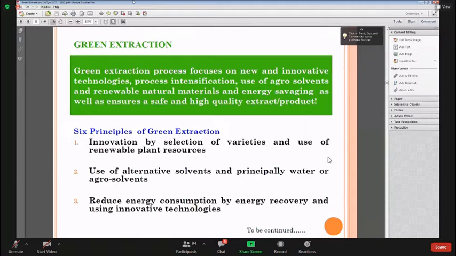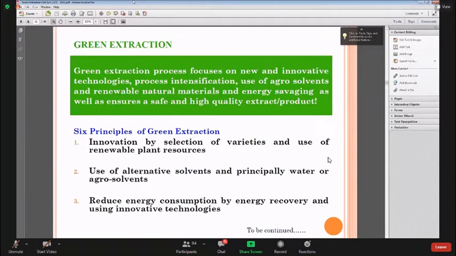The green extraction process basically focuses on new and innovative technologies, process intensification, use of agro-solvents and renewable natural materials, and energy saving, and green extractions ensure safe and high quality end use products.